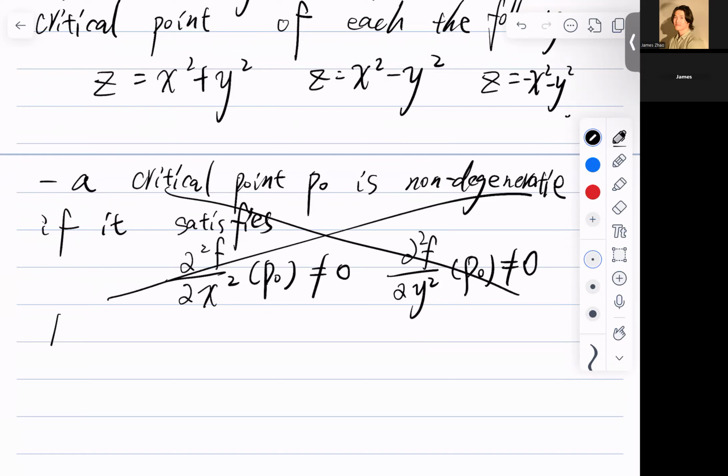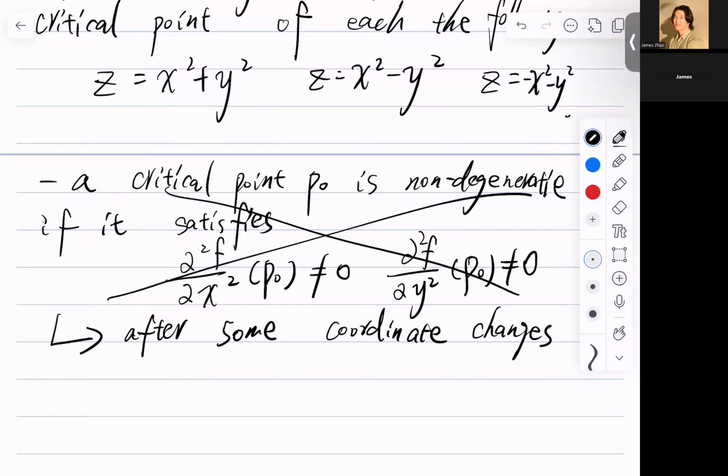Why is that? Well, if you are an expert in linear algebra, which I assume you might not be, even if you think so, I think you're wrong. You might want to think again. Because after some coordinate changes, which means we can do some linear algebra tricks to change our coordinates through some rotations.